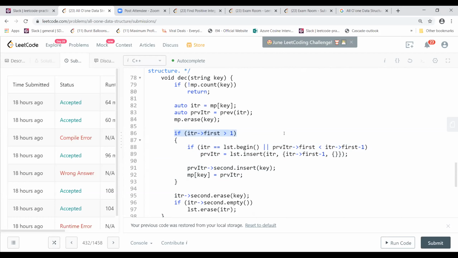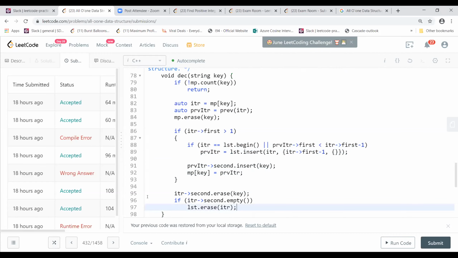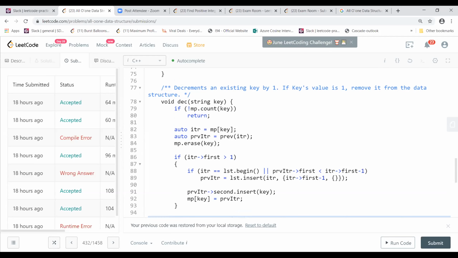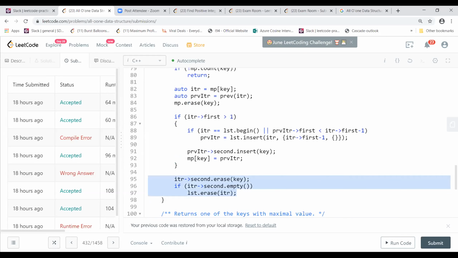If it is only one bucket, then you don't have to do the whole thing, and then you again erase it. The similar thing. So there are a lot of intense STL operations, and that might also be one of the reasons for getting this time. But I just wanted to show you that the simpler one is also giving me a good time complexity in LeetCode. But as Praveen said, we have to go this way as the problem says.